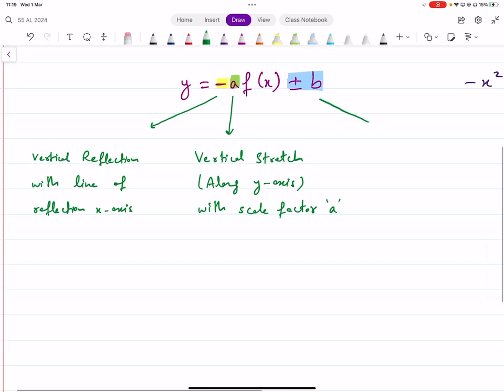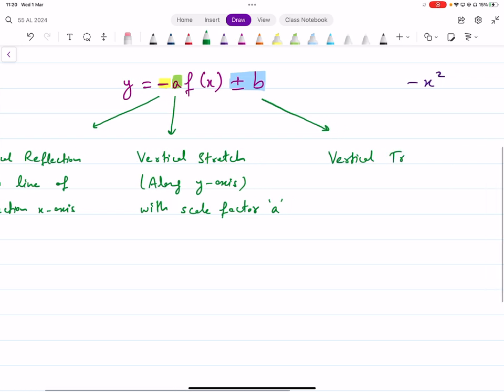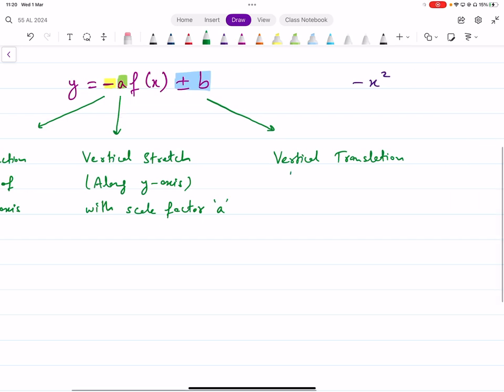And then the last one is vertical translation. For translation, you have to write down the vector that will look like this: 0, plus minus b.